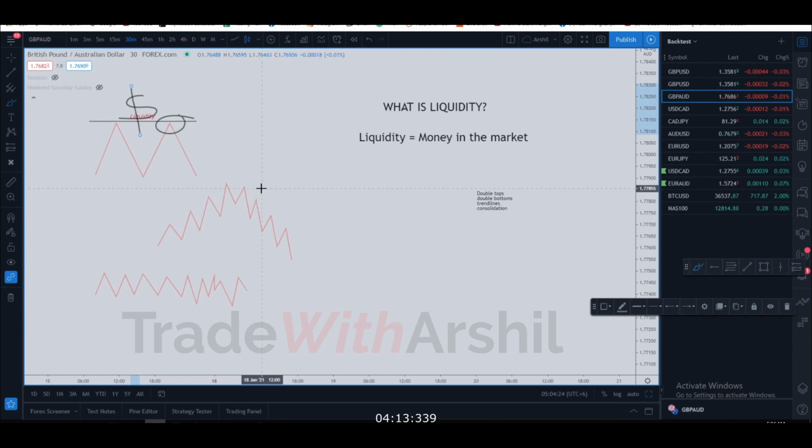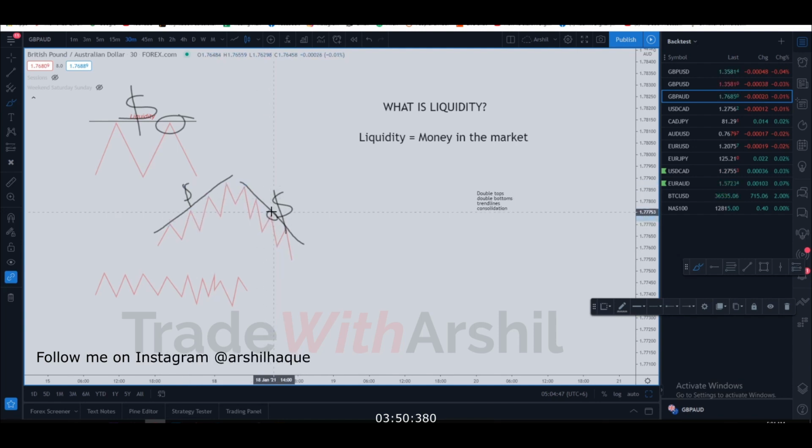Now again, let's think of this pattern. We can see this is a trend line, and this as well is a trend line. These are liquidities. Why? Because again, with trend lines, people tend to sell over here and people tend to buy over here.